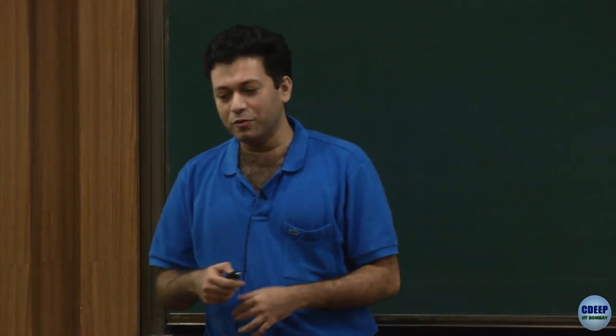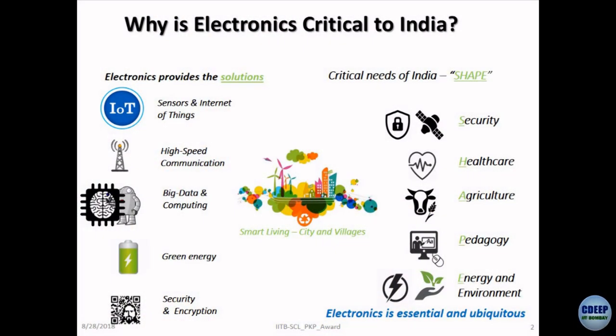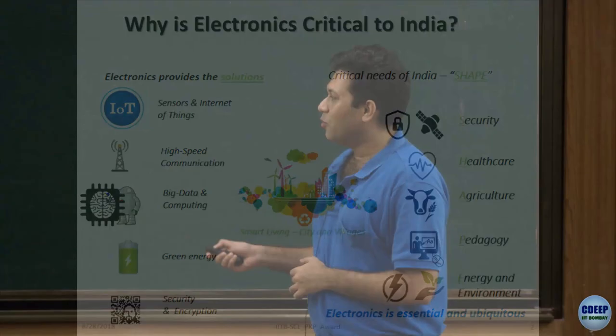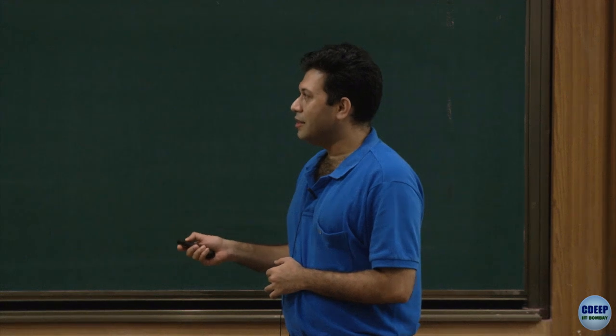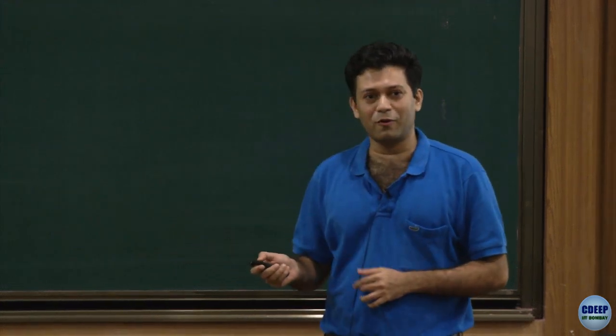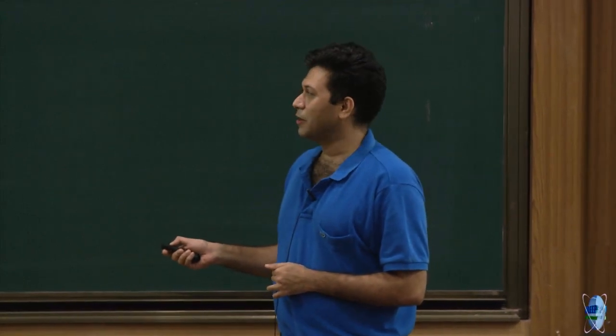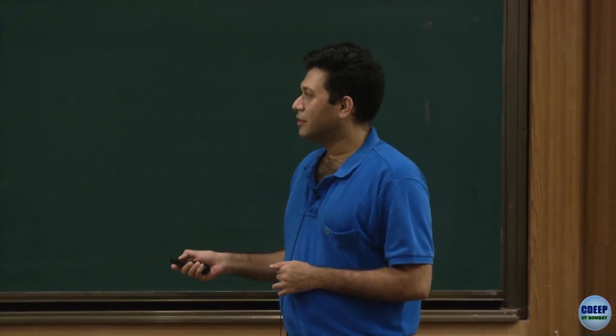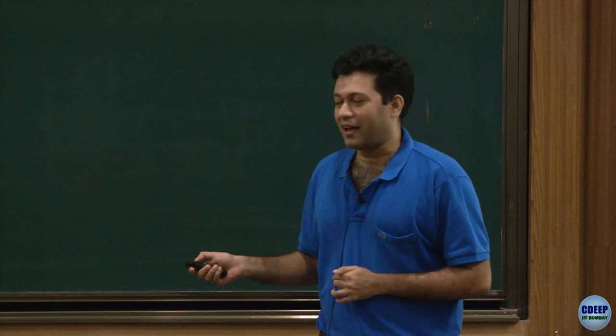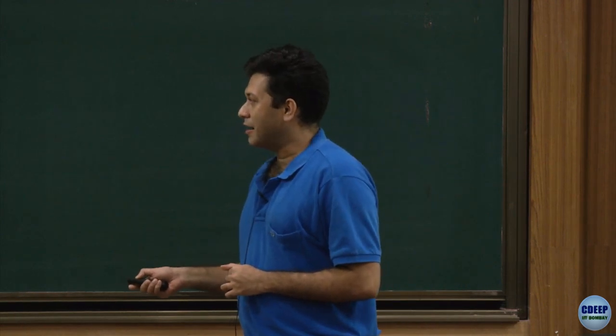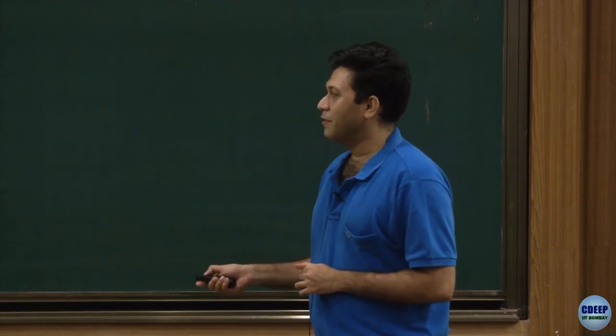we have tried to figure out how to do semiconductor technology development in India. So quickly, why is electronics critical to India? If you look on the right hand side, what you see is all the things that are extremely important for all of us, right? The security, healthcare, we have a large population, agriculture, pedagogy, which is education, and energy and environment.